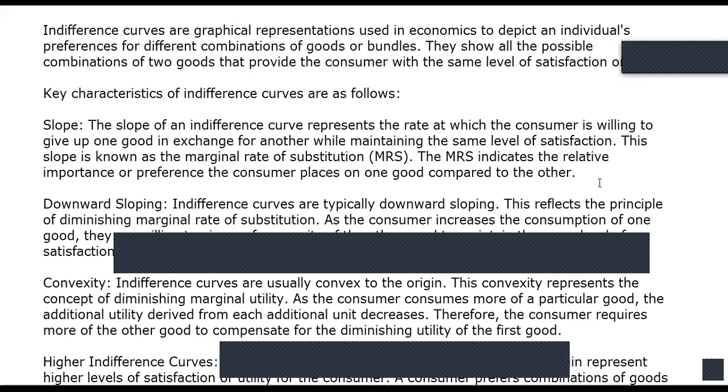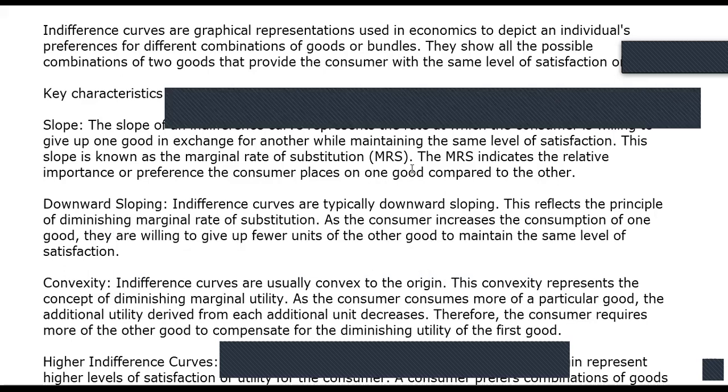Secondly, indifference curves are downsloping, typically implying that the law of diminishing marginal rate of substitution occurs, where the consumer, as they increase 1 unit of one good, will give up fewer units of the other. So it is convex, not concave. It's convex to the origin, which represents the law of diminishing marginal utility, where the consumer will consume more of a particular good, at the same time decreasing consumption of the other.